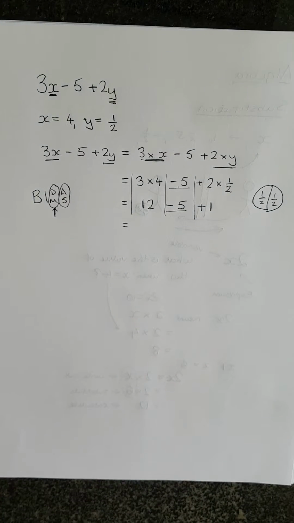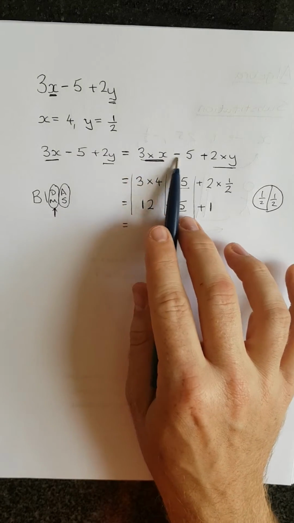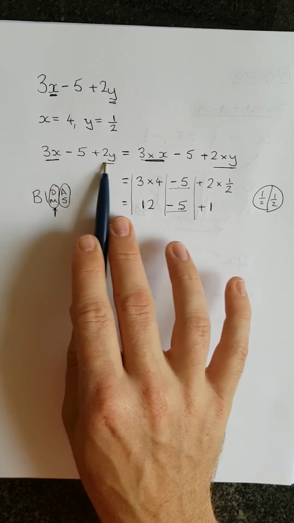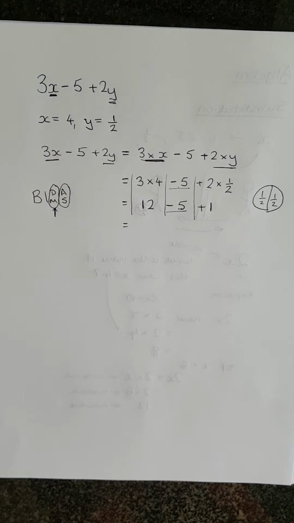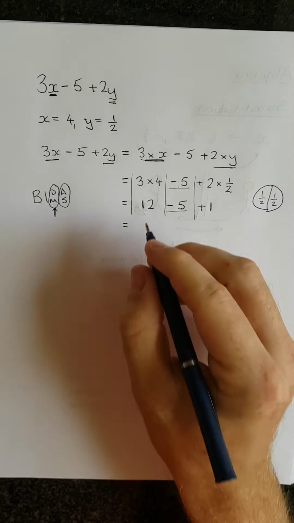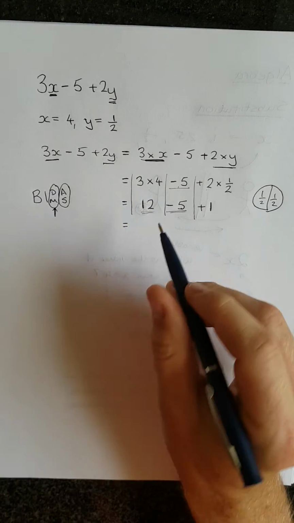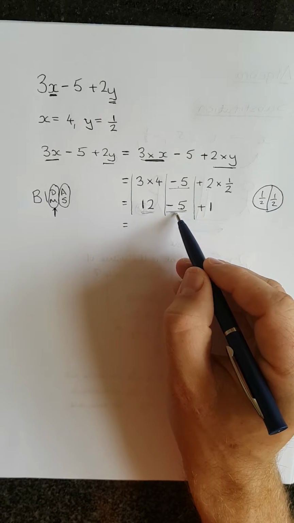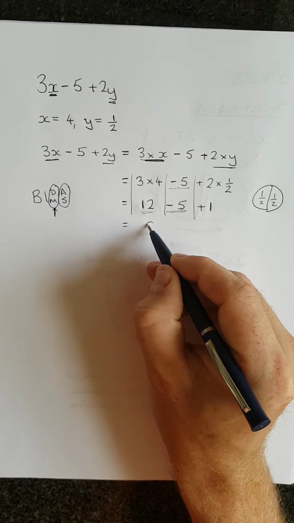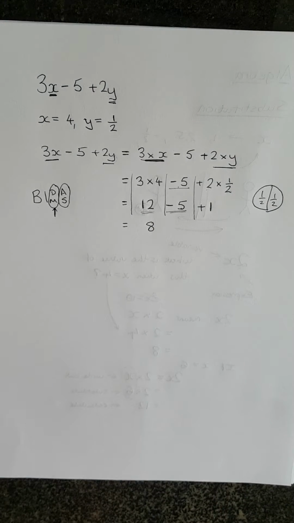Now you'll get used to setting out like this after a couple of questions, but do keep doing it, because as the expression gets more and more complicated, you're going to find that that is really useful. So 12 take away 5. That's 7. Now I'm going to add the 1 on straight away and make 8. So I think it's time we looked at a slightly more difficult example.